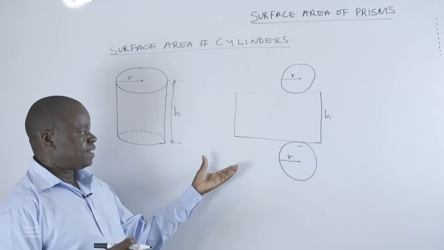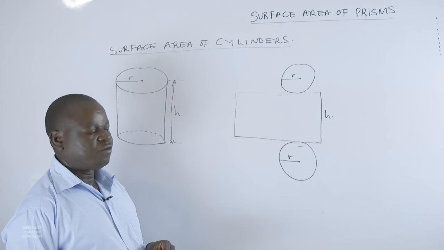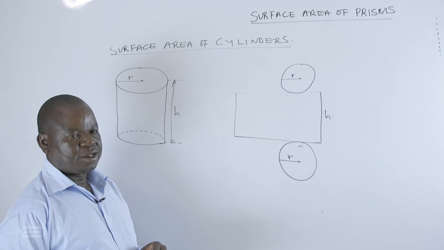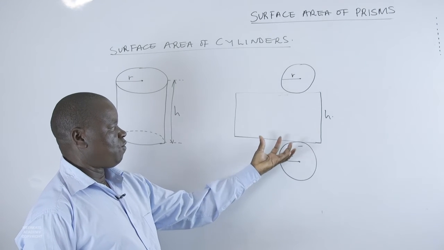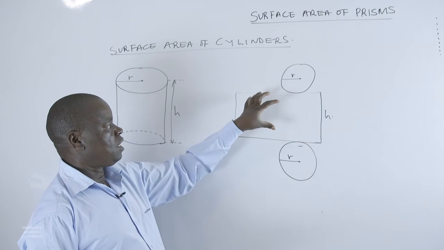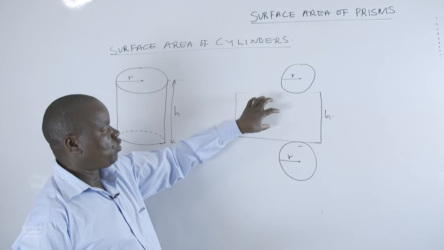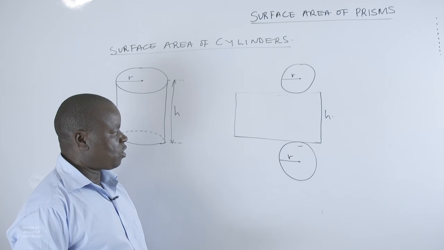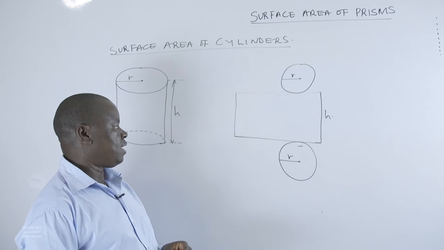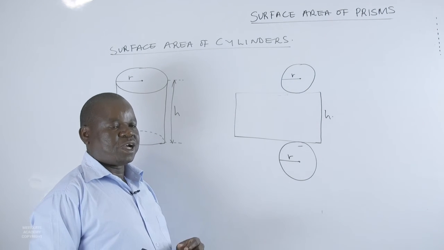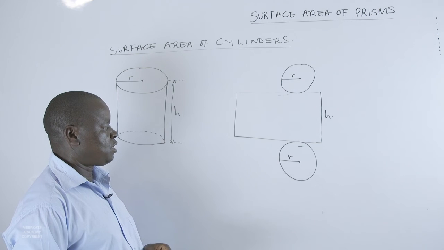So class, this is the net of a solid cylinder, and therefore we can use the formula that we have derived earlier to also find the surface area of a closed and open cylinder. So the top part is circular, and we can find its area.